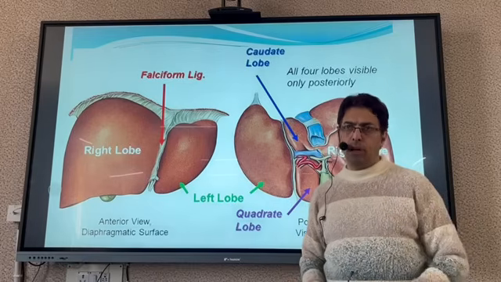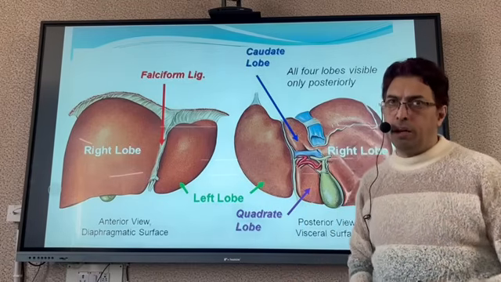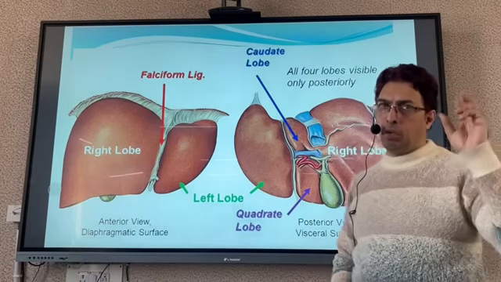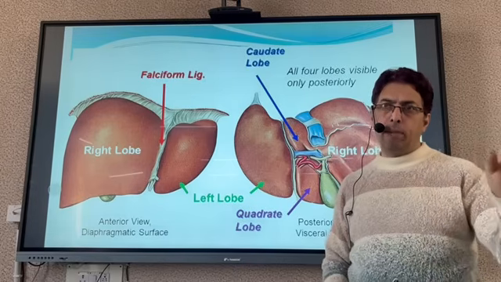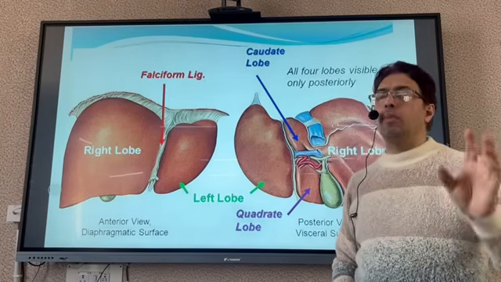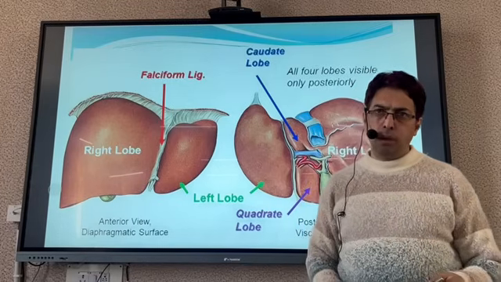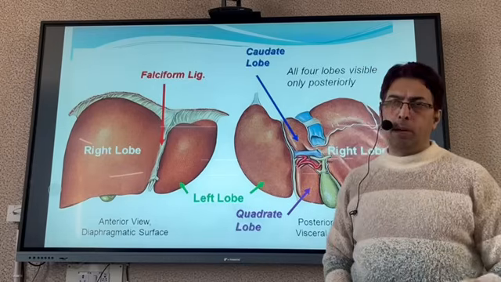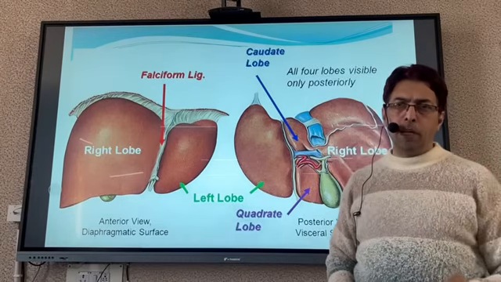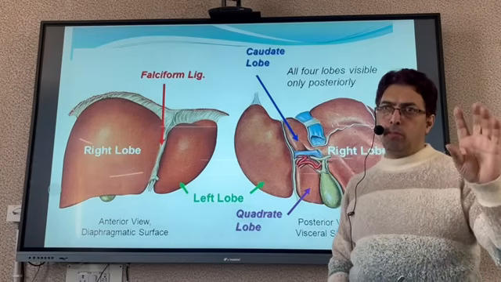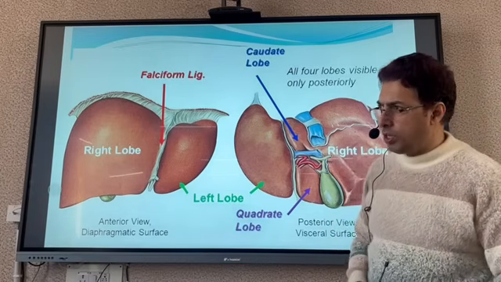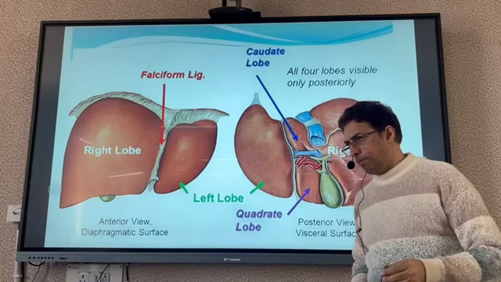So hepatomegaly you have to take into consideration while doing an abdominal examination. There are so many causes of hepatomegaly, it will take one day just to describe them. I will not touch that topic, but from a surgical and medical viewpoint, you have to remember hepatomegaly as one of the important conditions as far as the liver is concerned.